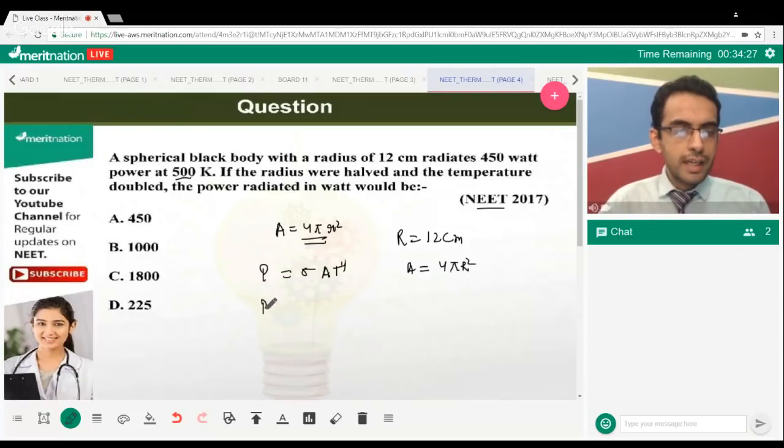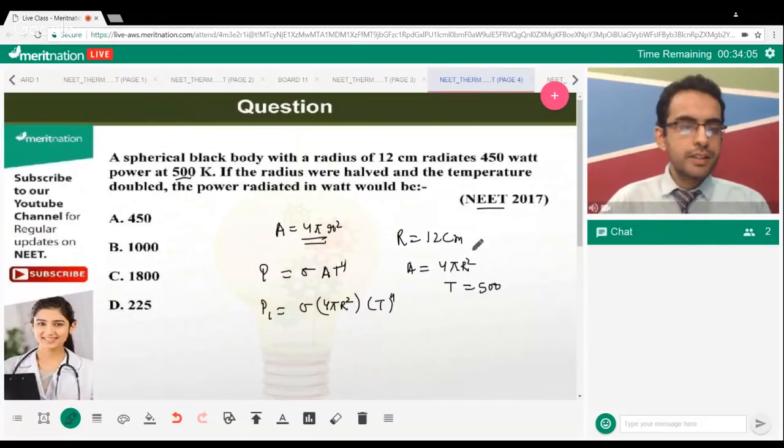So initially we can say P1 is equal to sigma into 4 pi R square into T raised to power 4. So let's say T1 is equal to 500 kelvins.